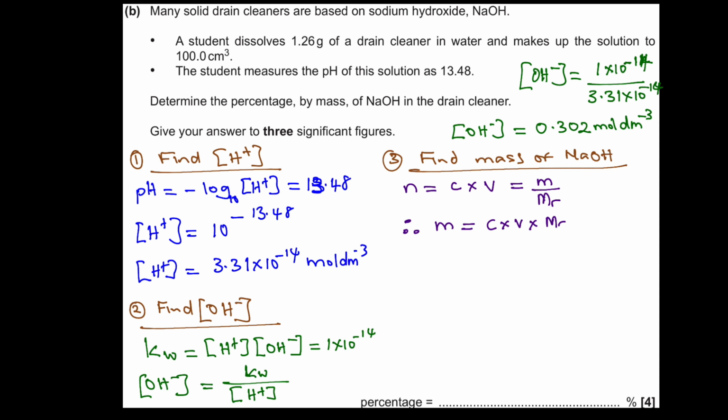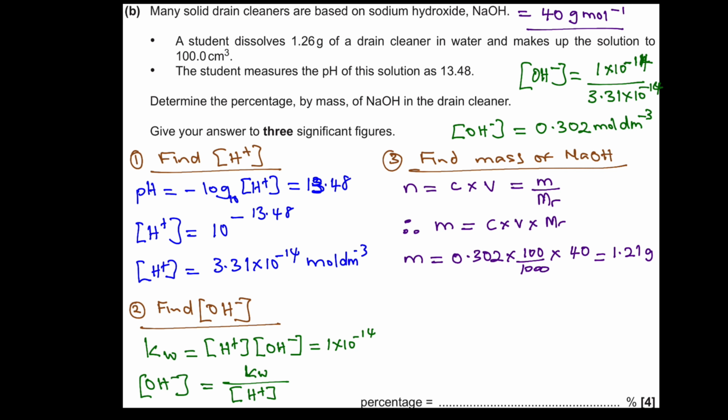The concentration is 0.302, times the volume, 100 cm³, so 100 divided by 1,000, and then times the relative molecular mass of sodium hydroxide, which is 23 plus 16 plus 1, so that would be 40 grams per mole. That's calculated from the periodic table, and altogether that gives 1.21 grams.